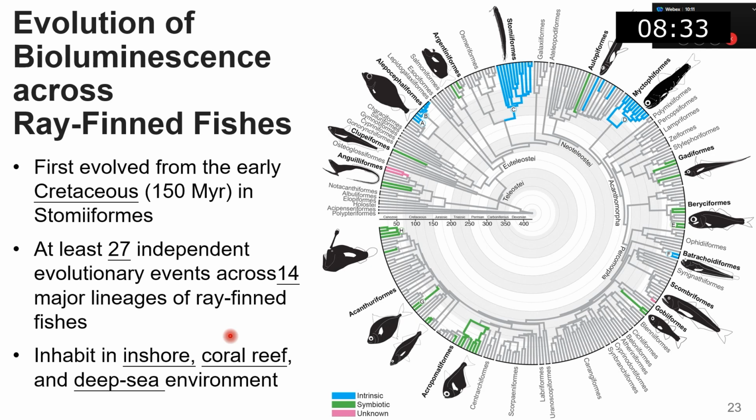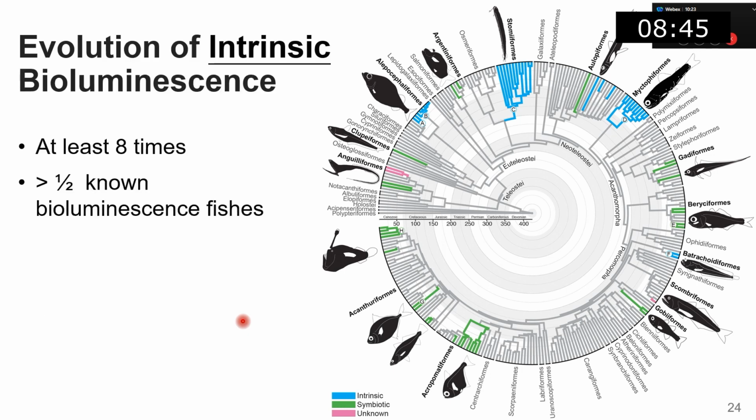And third, the habitat of bioluminescent fish ranges widely, from the inshore coral reef to the deep sea environment. The evolution of intrinsic bioluminescence happened at least 8 times, including more than half of the known bioluminescent fishes.